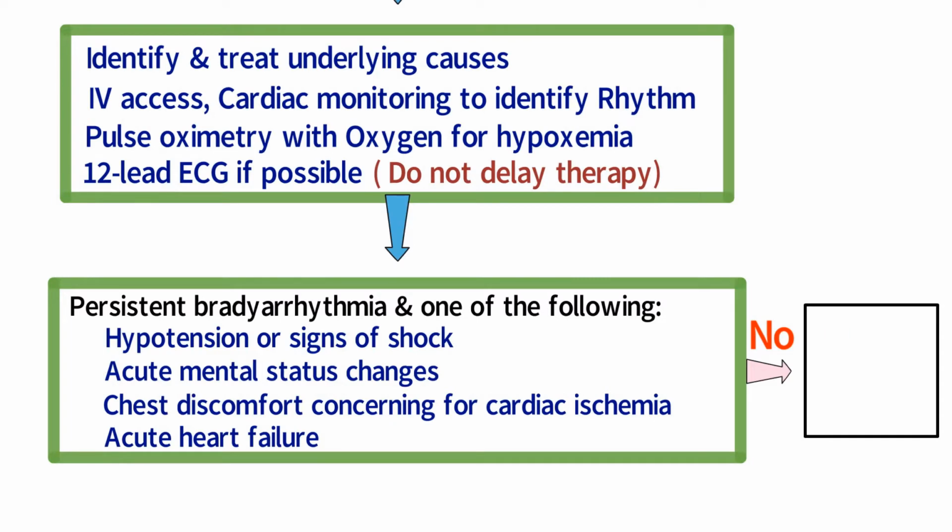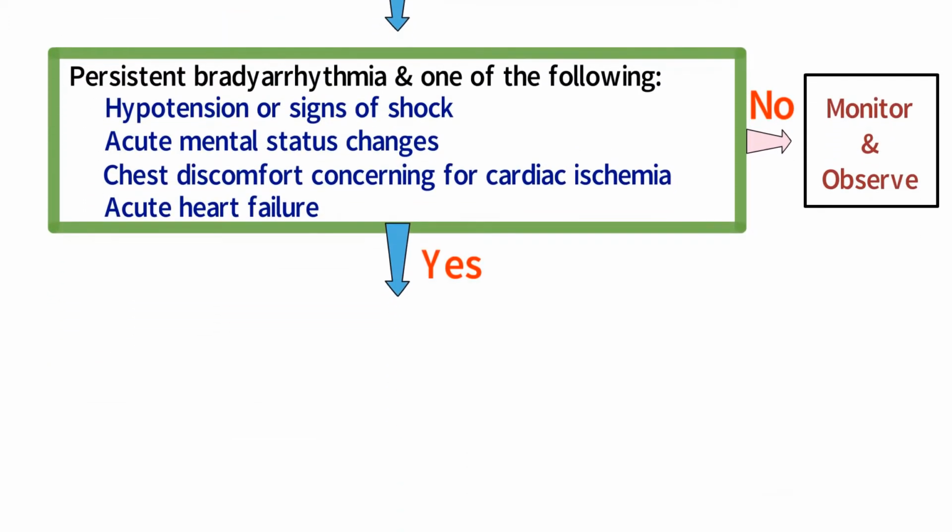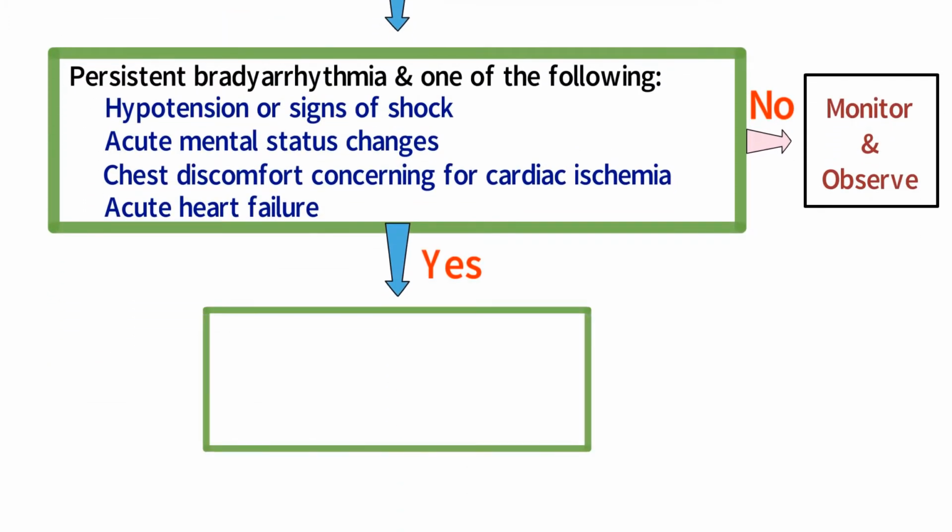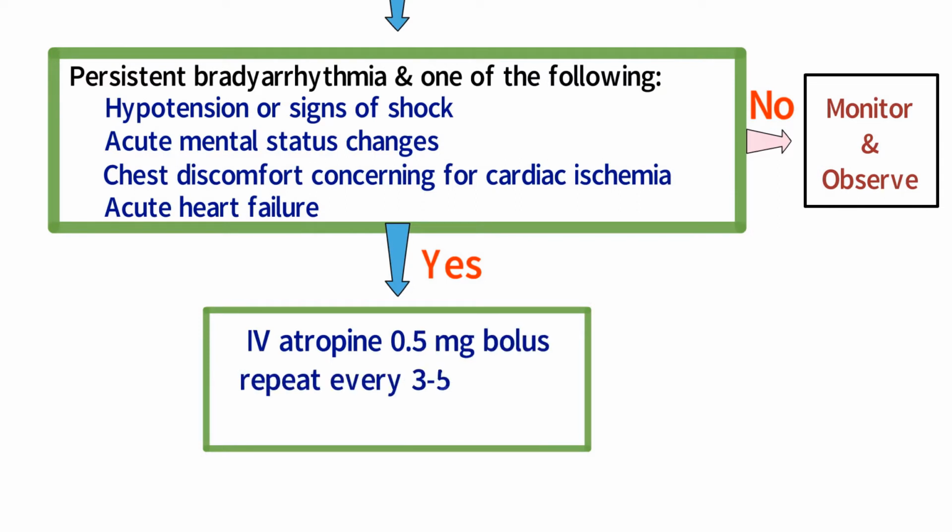So if the patient is having any of these characters plus bradyarrhythmia, because you knew that it's a bradyarrhythmia because you detected that the pulse is below 50, you will give the patient intravenous atropine 0.5 milligram bolus. It's not an infusion, you will give him a 0.5 milligram bolus.